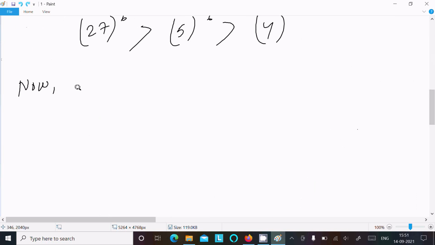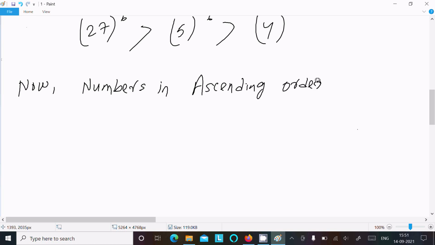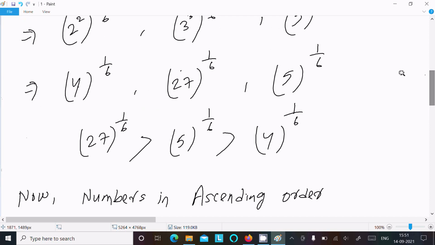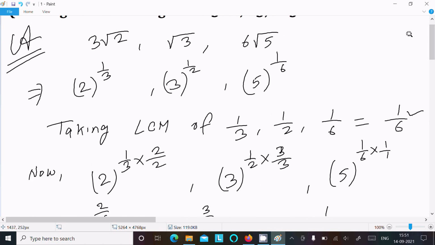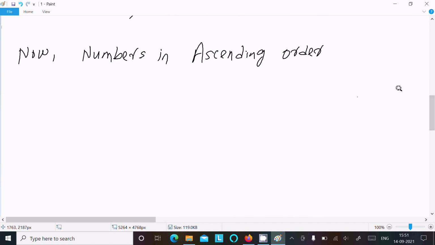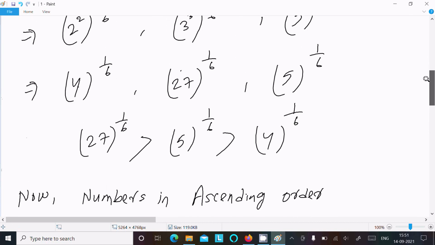Now writing the numbers in ascending order. In ascending order, the middle term is the highest, so the middle is root 3. The lowest we need to write first.